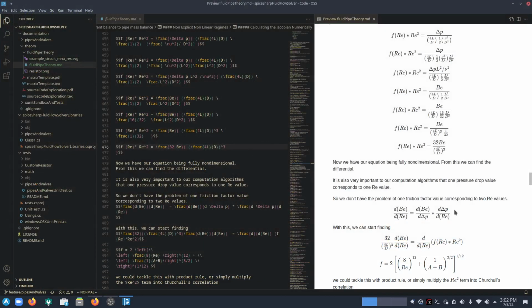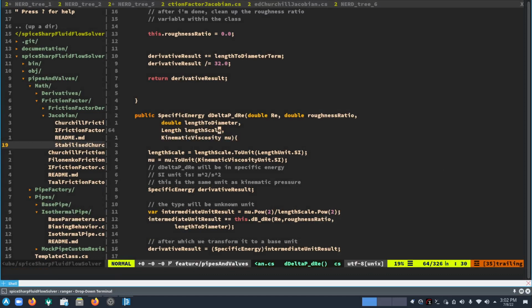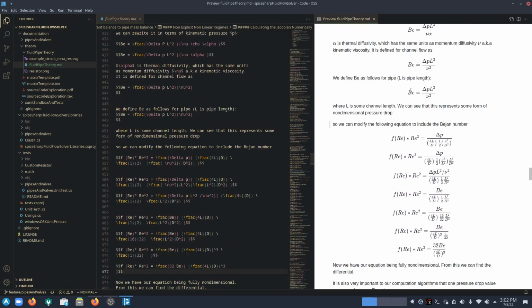Why do we need a length scale? Well, the length scale is there because we need to calculate our L over D. So we need a length scale, which is the L, and a length to diameter ratio in order to calculate our L and D. And of course we also need this dBe d delta P. If we differentiate this whole thing with respect to delta P, we will need the length scale, which is this L, and of course the kinematic viscosity as well, which is the nu.